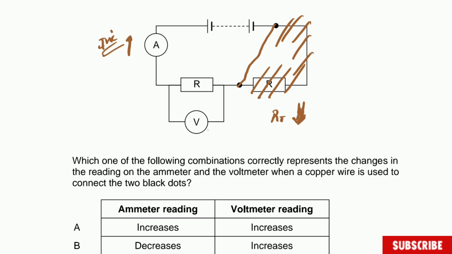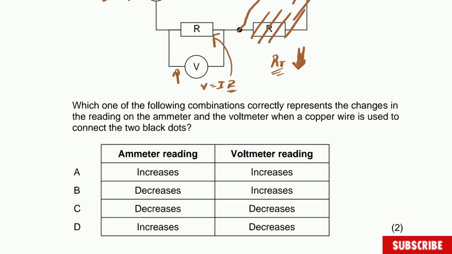And for this voltmeter here, the voltage is equal to I multiplied by R. Now this R is this R there, okay, and that one did not change. What changed was the total resistance of the circuit, so the voltage is going to therefore increase as well. So the answer is going to be A, increase.